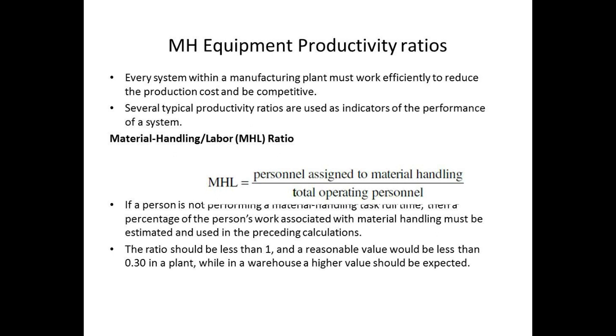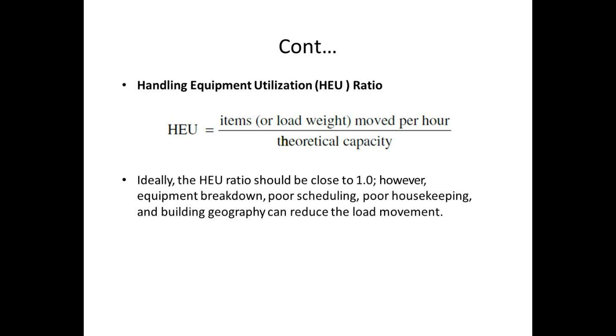If you are working in any industry and you want to show the right selection, whatever report you produce for your director, you have to show what the material handling ratio is. If this ratio is less than 0.3, you are safe, and this is the right and suitable material handling system for your plant.